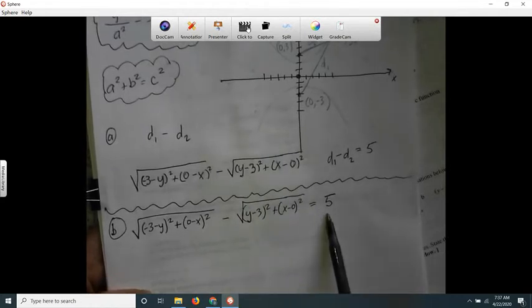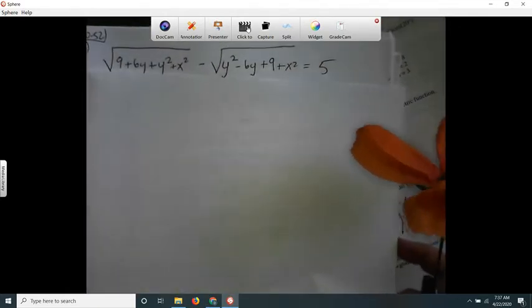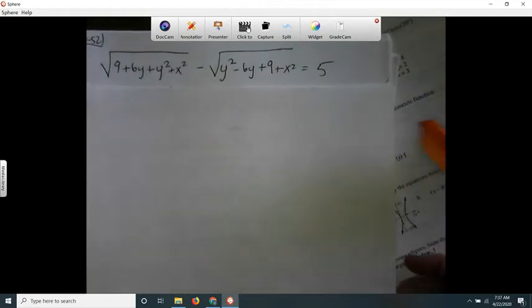Then letter C says to see how far you can get rewriting your equation from part B in graphing form. This is some gnarly algebra, but I think you have the knowledge to do it.